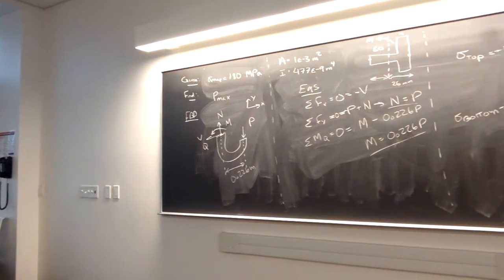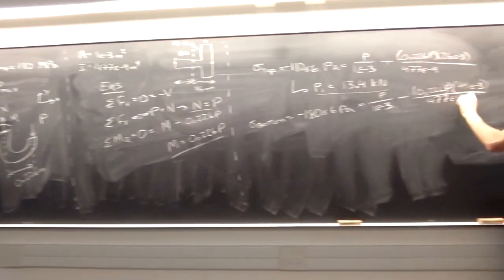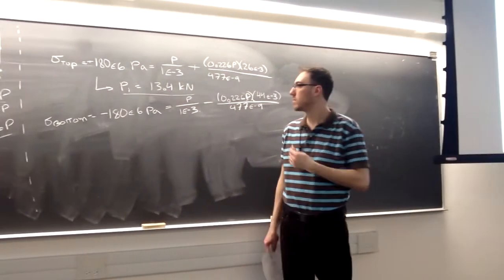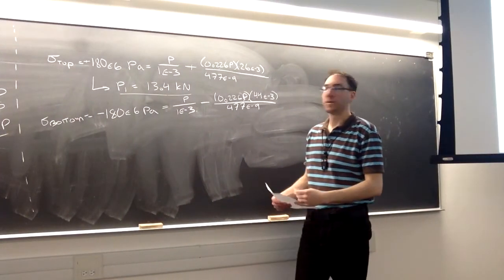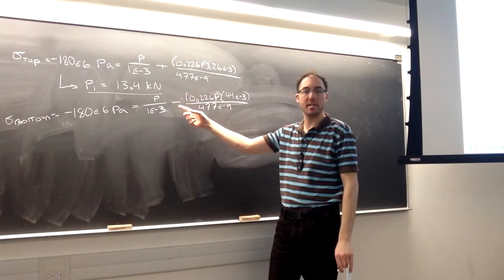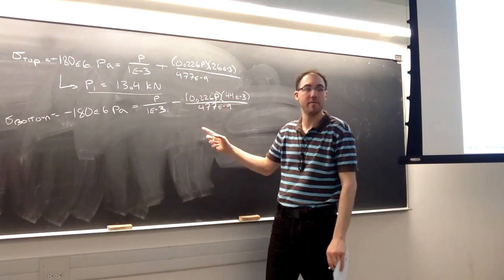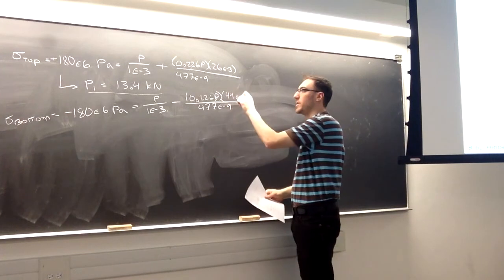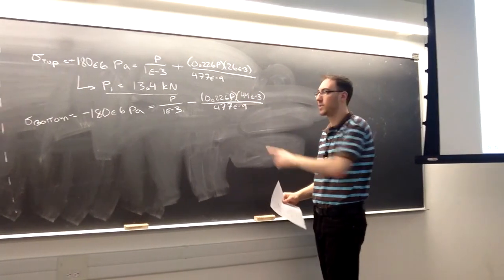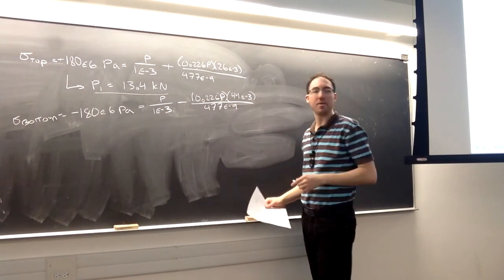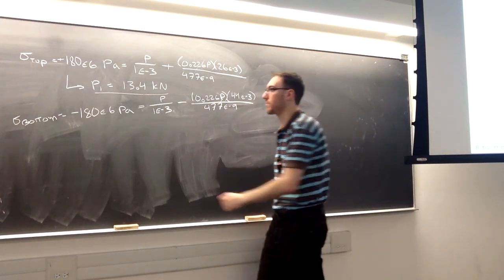And the value of I remains the same. Right, so again, the differences here, this is compressive, so this term is negative. But also the distance between the point and the neutral axis is different. It's 44 millimeters rather than 26 millimeters.